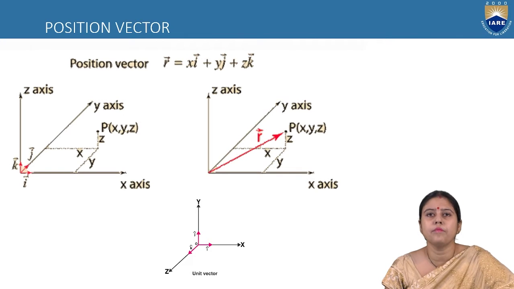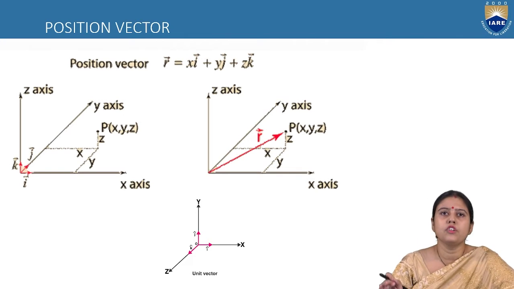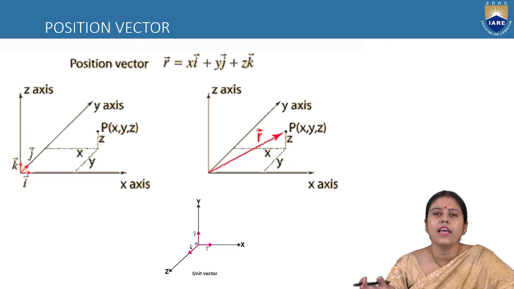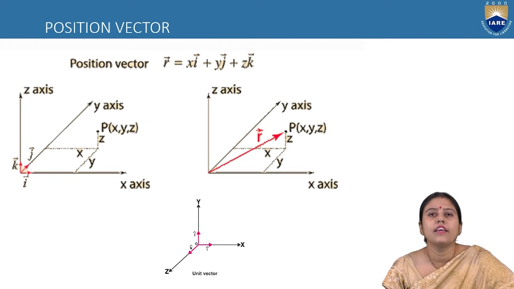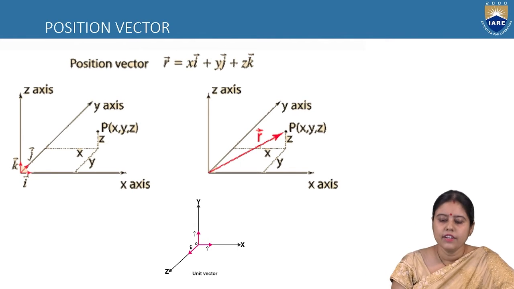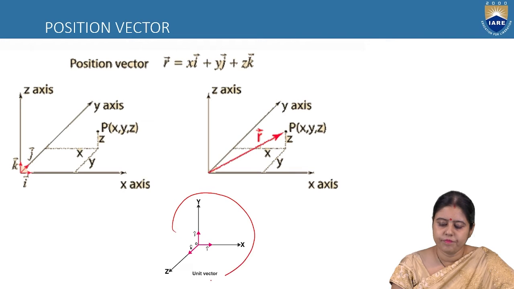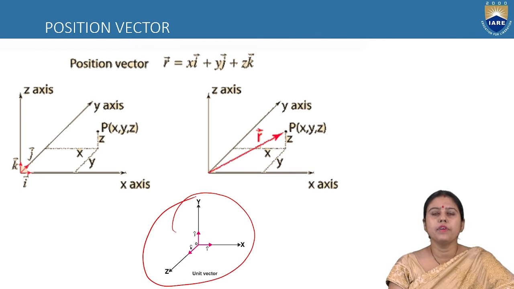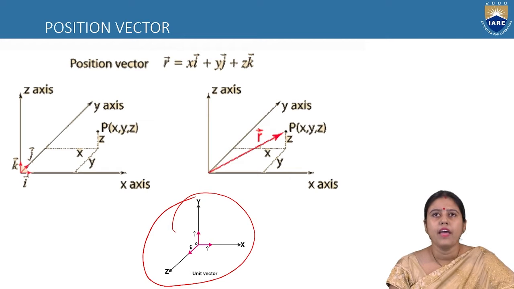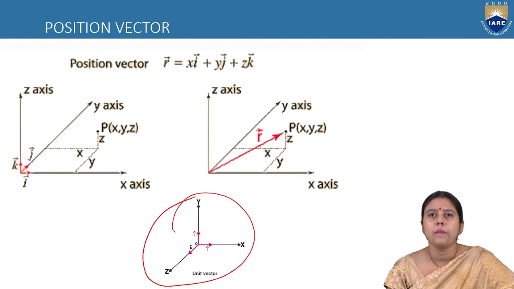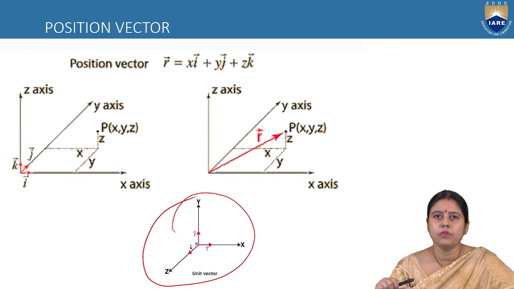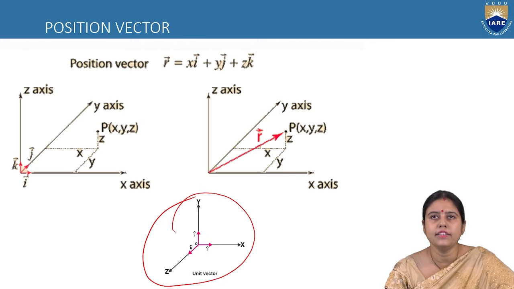In the 2D system, we can say a position 2, 3 means x, y. Here, we will take the 3D: one is x, one is y, and another one is z.